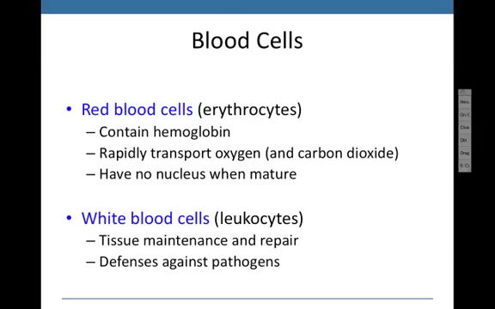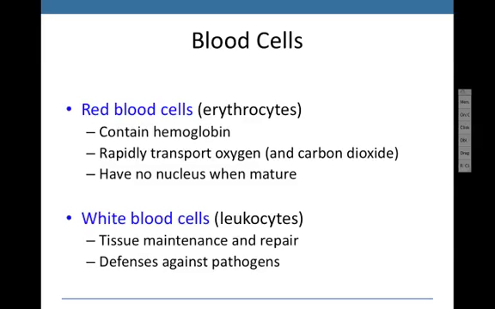So blood cells, red blood cells, are erythrocytes. You need to know that term. They have hemoglobin for carrying the oxygen and carbon dioxide. And remember, hemoglobin has iron in it. And that's why you need iron in your diet, or you become anemic, and then you don't carry oxygen as well.